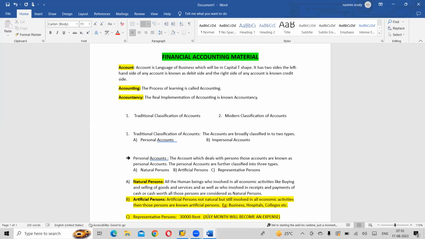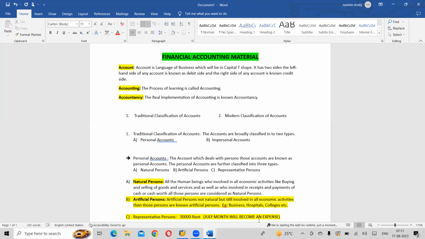Whatever rent we are supposed to pay from 1st August to, for example, 20th August, till which the agreement was there, if we are paying it, then what is it: an expense, an asset, or what? It's an expense only, correct? Whatever we need to pay is an expense.